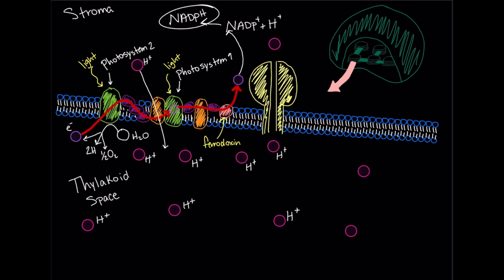What this does is going to cause the transfer through concentration gradient. It's going to flow through the ATP synthase, which is this right here.